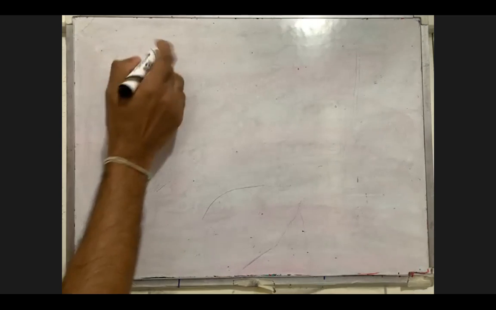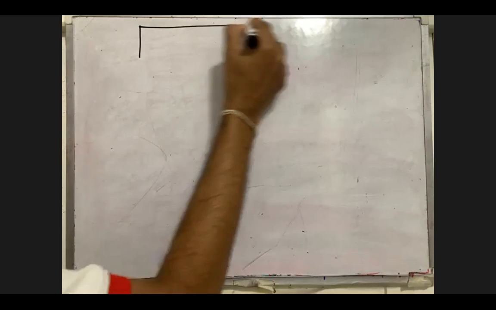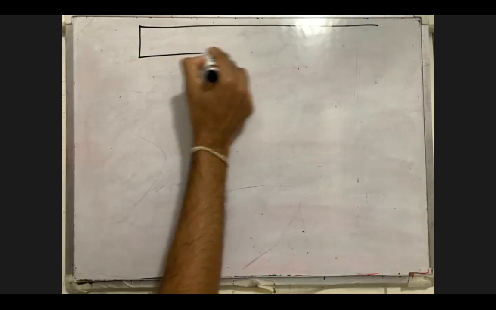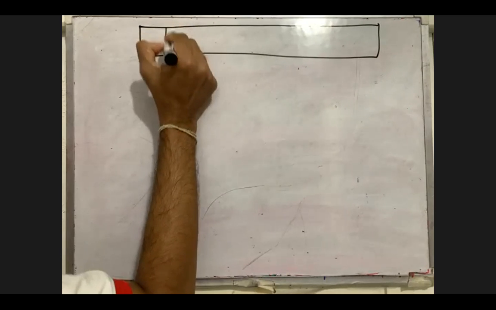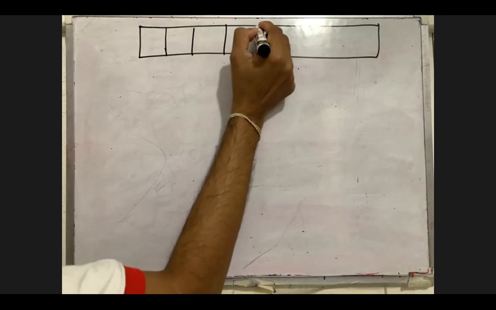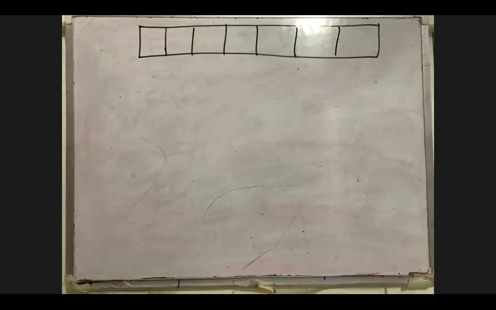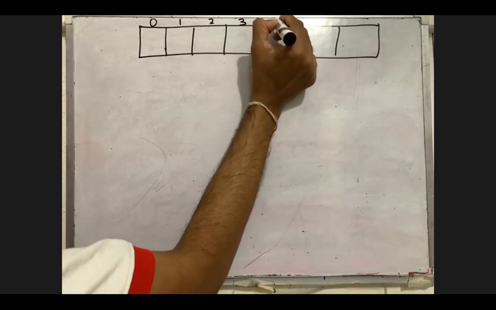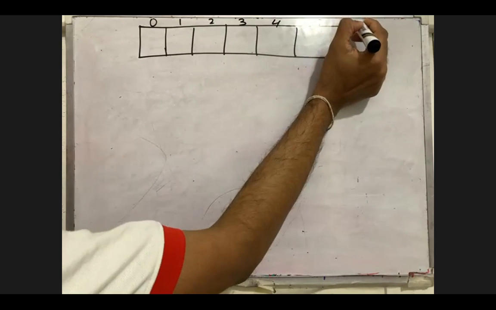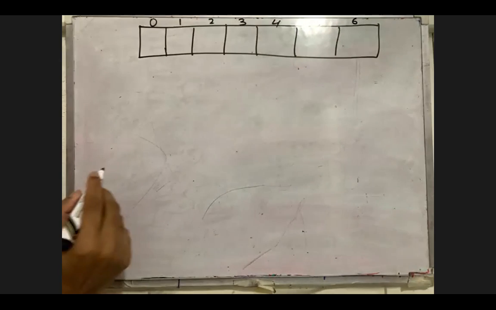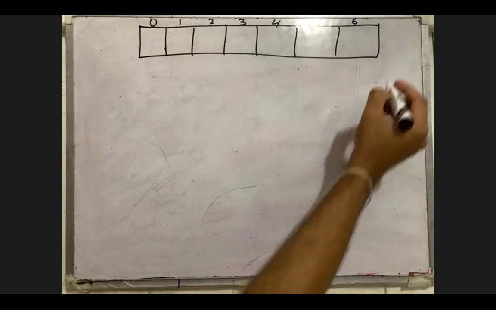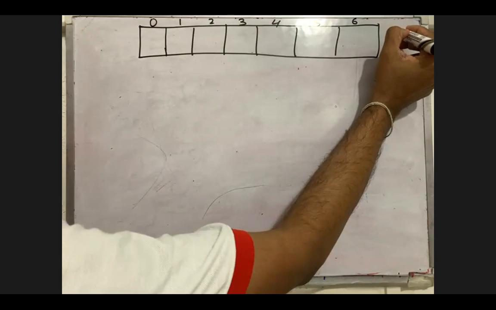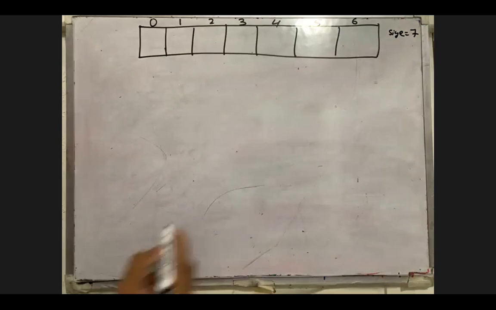Okay, let's take an example of an array. Indices 0, 1, 2, 3, 4, 5, 6. That means the array size is 7.